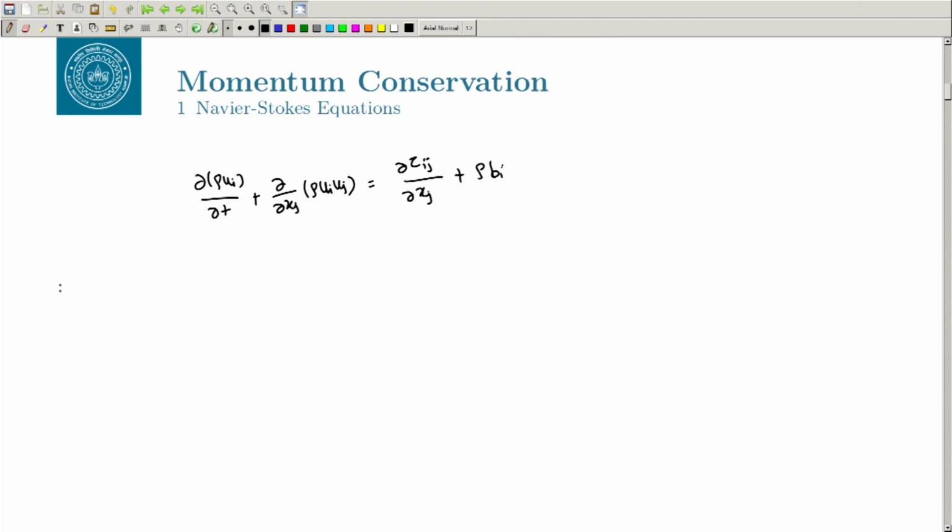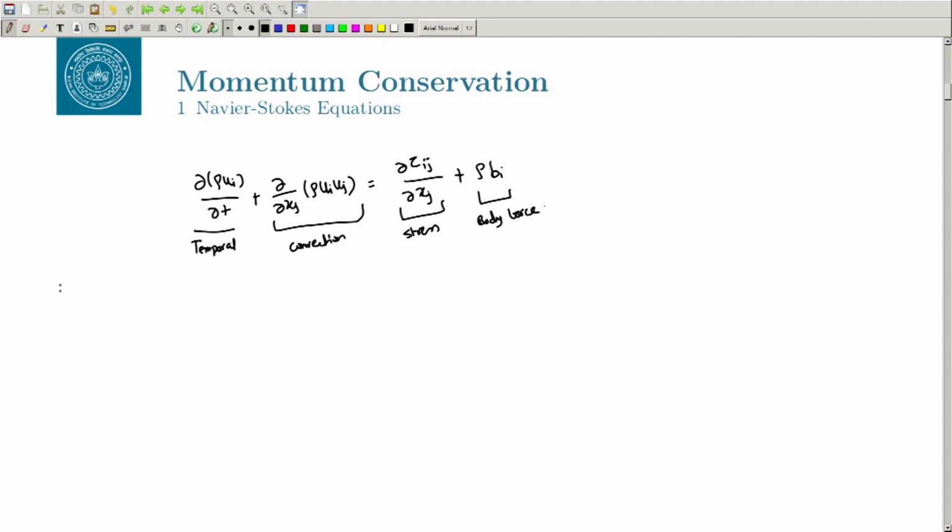And we said that this is our time rate of change, so this is the temporal term, this is the convection term, and this is the stress term which is related to the viscous diffusion, and finally we had the body force term.